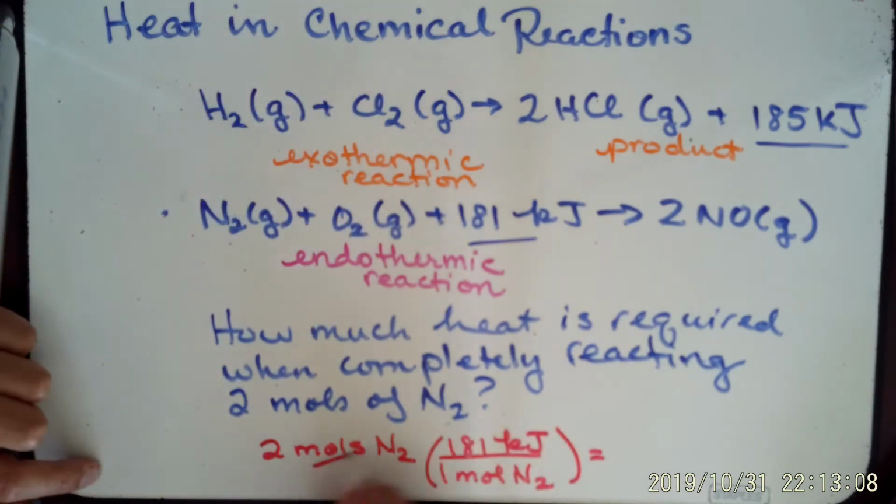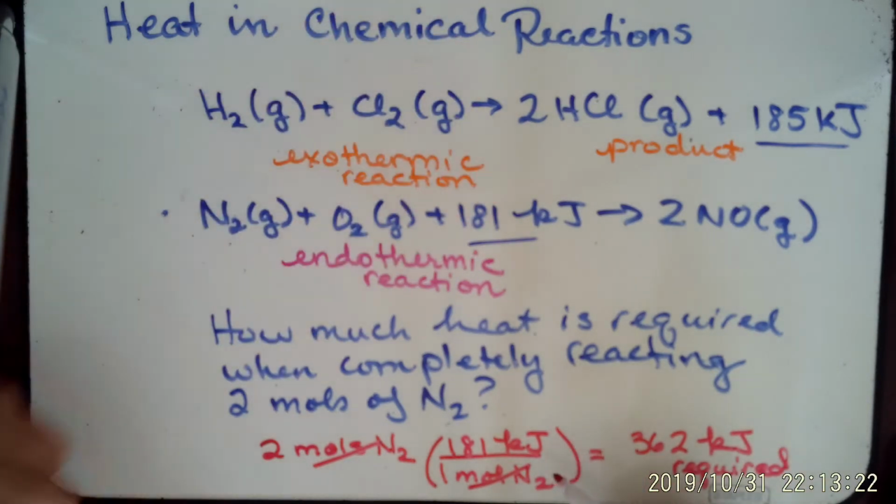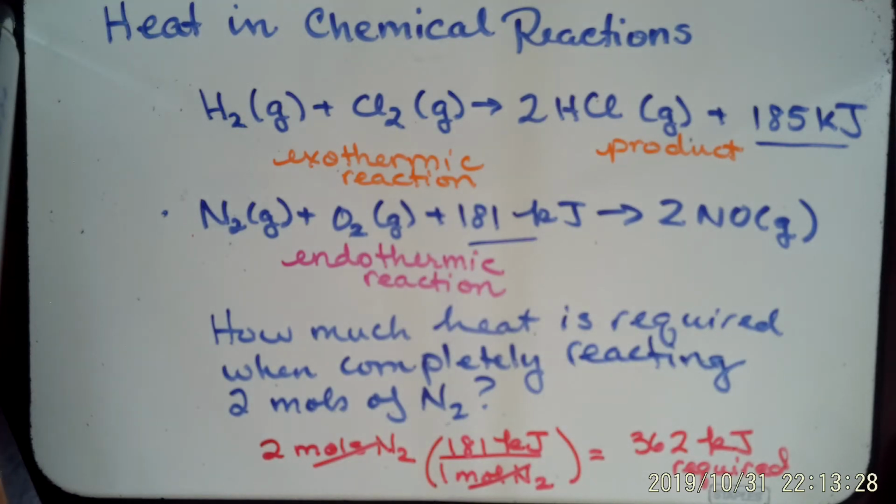So once I do that, then I can put a 1, 362 kilojoules required. Okay, so you use that as part of your conversion factor instead of just everything mole to mole. Now you're doing mole to kilojoules.